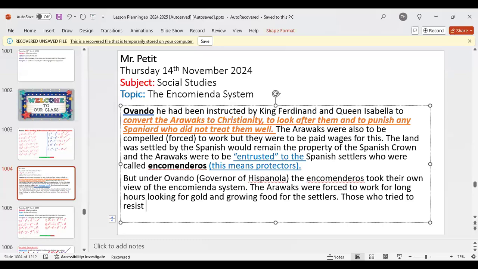Those who tried to resist or run away were hunted down like animals, punished and killed.